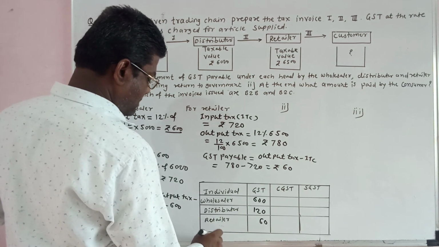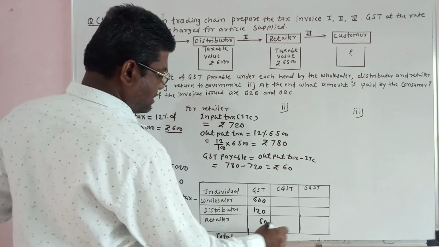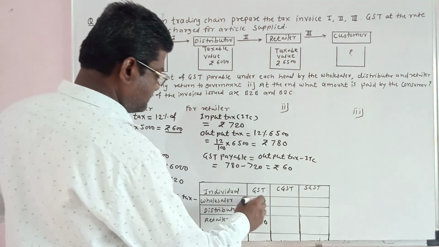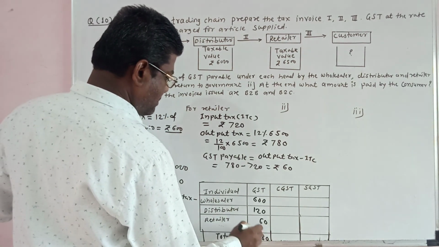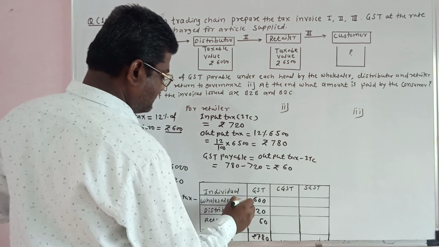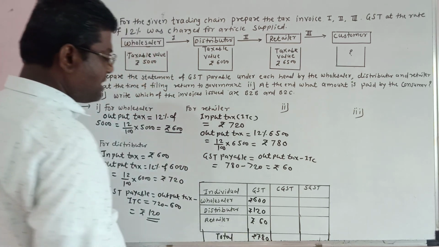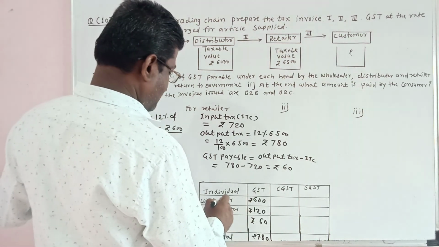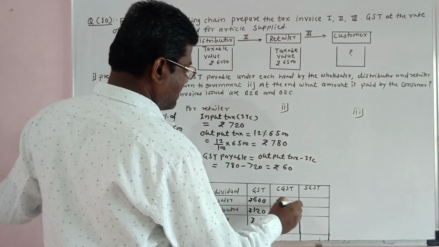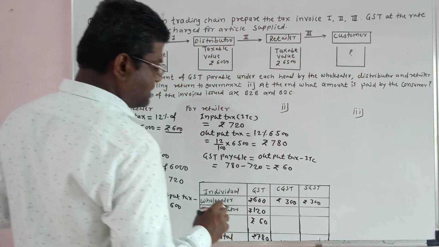And here we have to write the total also. Total GST paid is 780. Now for the wholesaler, CGST will be 300 and SGST also 300, half of GST.